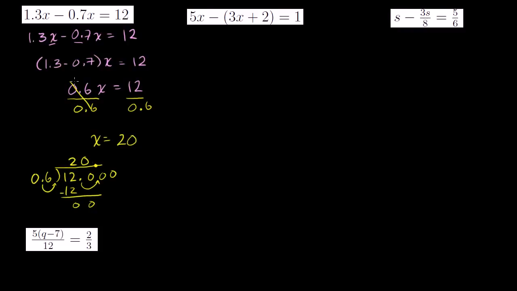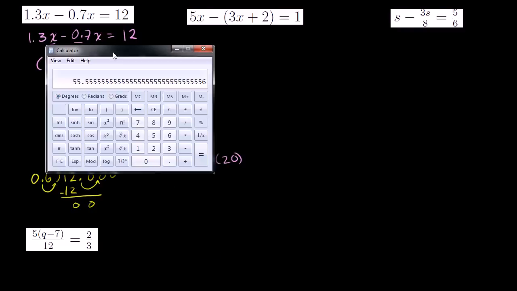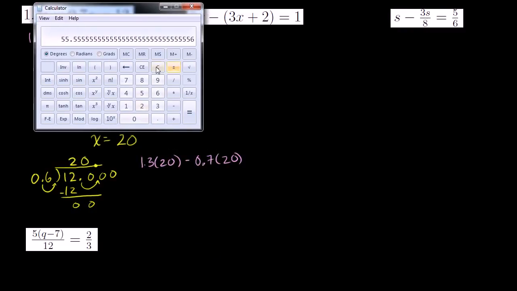And we can verify. Let's verify this. Let's substitute back: 1.3 times 20 minus 0.7 times 20. Let's verify that that is equal to 12. So I'll take the calculator out just so you don't have to trust my math. 1.3 times 20 is equal to 26.